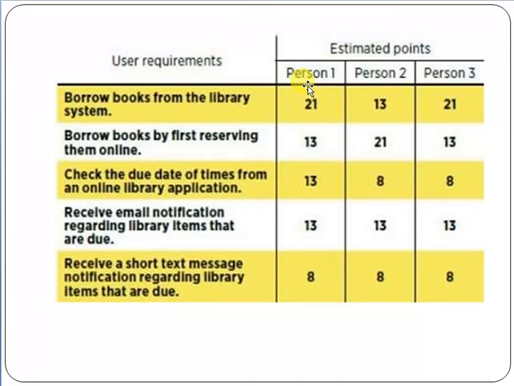And we have given person 1 point number 21, person 2 13, and person 3 again 21. From the figure above, you can easily understand that requirement number 1 has a good number, and the other requirement has the highest number.